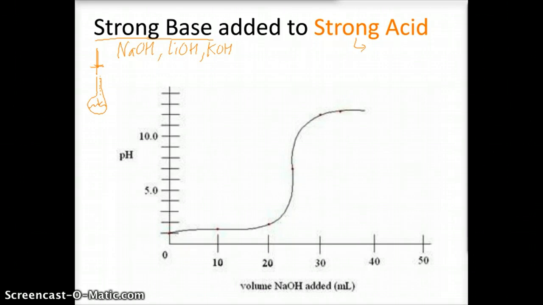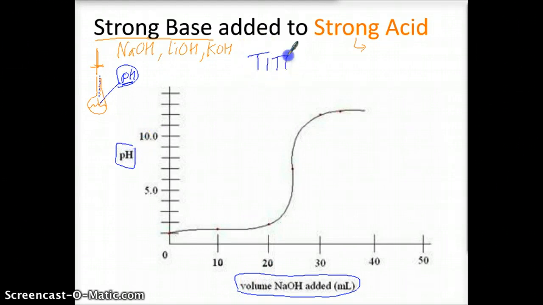When we do that, we're going to use a pH meter, a digital tool that tells us the pH of the solution. Over time, as we add more and more base, we record the pH. When we plot that data, with the volume of NaOH or base added on the x-axis and the pH on the y-axis, we get something called a titration curve.